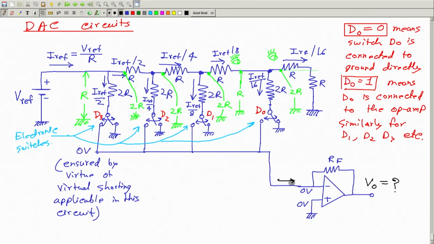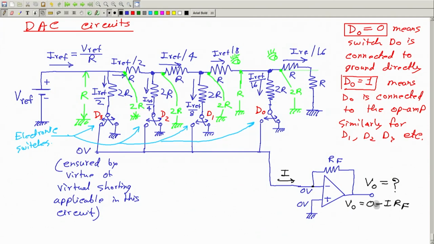If this current is I, then VO will be 0 volt minus this drop, which is I times RF. So VO I can write as 0 minus I RF. So this is the output voltage.